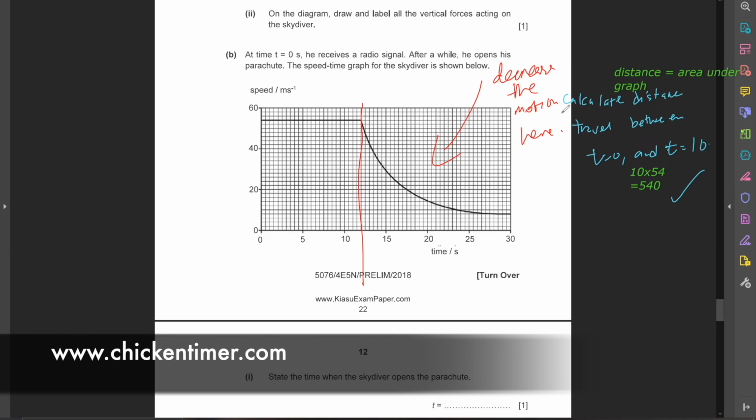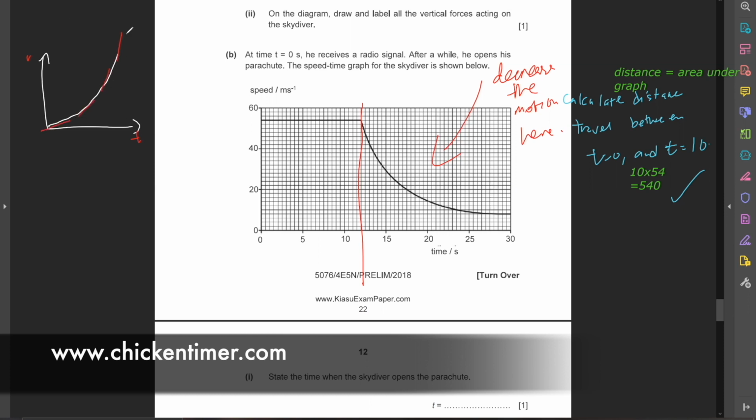Okay, again. This is increasing acceleration. Increasing acceleration is like this, because in the v-t graph, the gradient continues to increase.